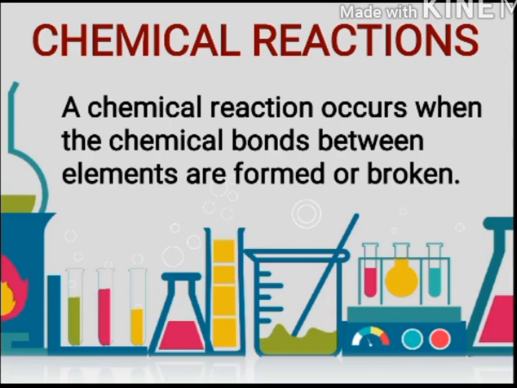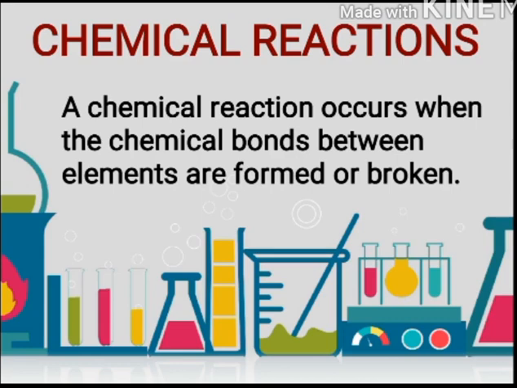So children, how can you tell whether a chemical reaction has occurred or not? For example, if we take the burning of a candle, in a few cases you may notice heat, light or gas is produced.